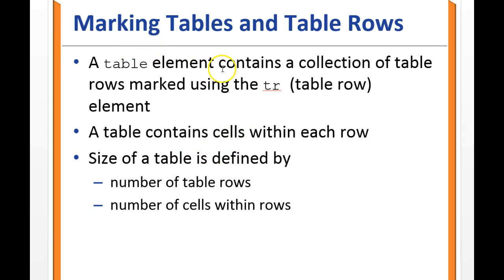A table element contains a collection of table rows, and we use the TR to show that. That's the table row element. A table contains cells within each row, and the size of a table is defined by the number of table rows and the number of cells within those rows.